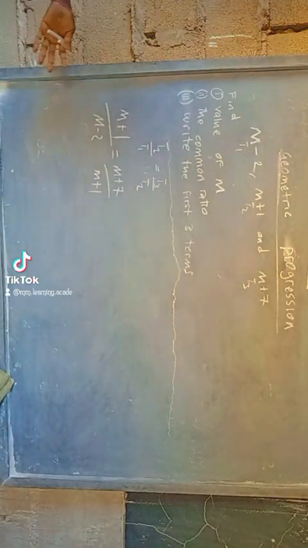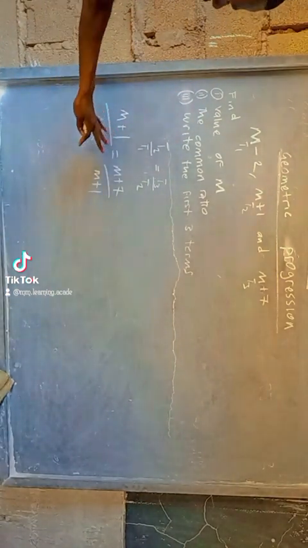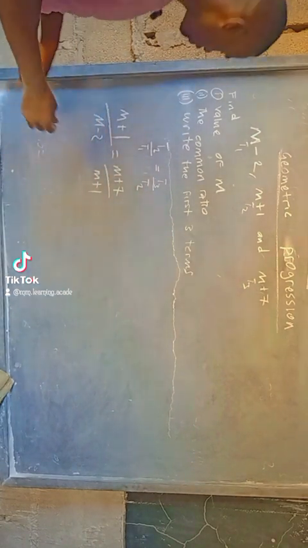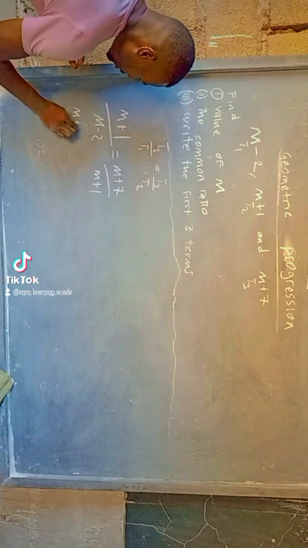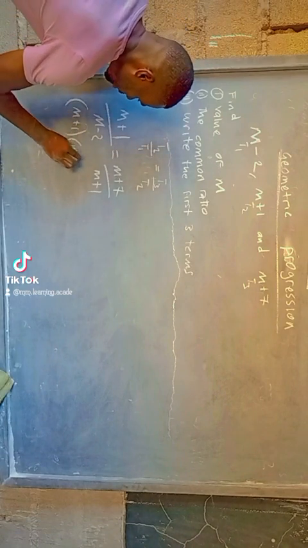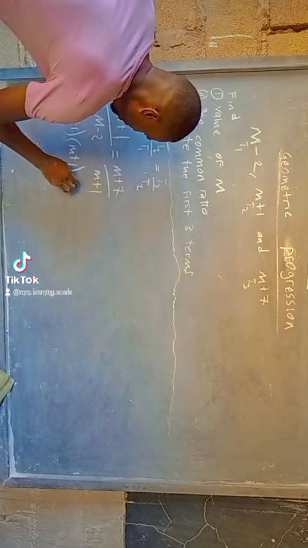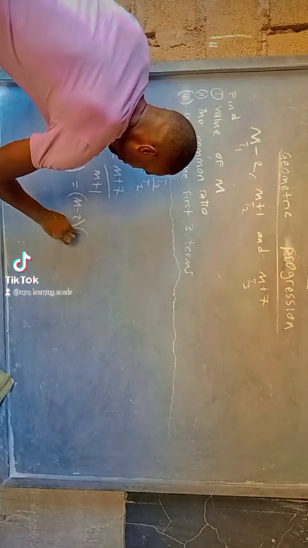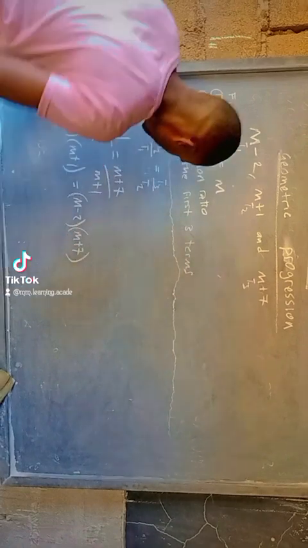From here, there is the equal sign, so we can cross multiply. m plus 1 multiplies m plus 1, giving us m minus 2 multiplying m plus 7.